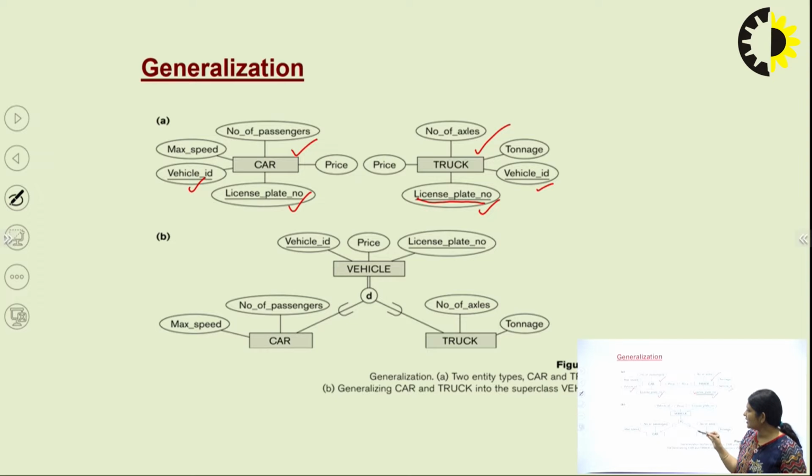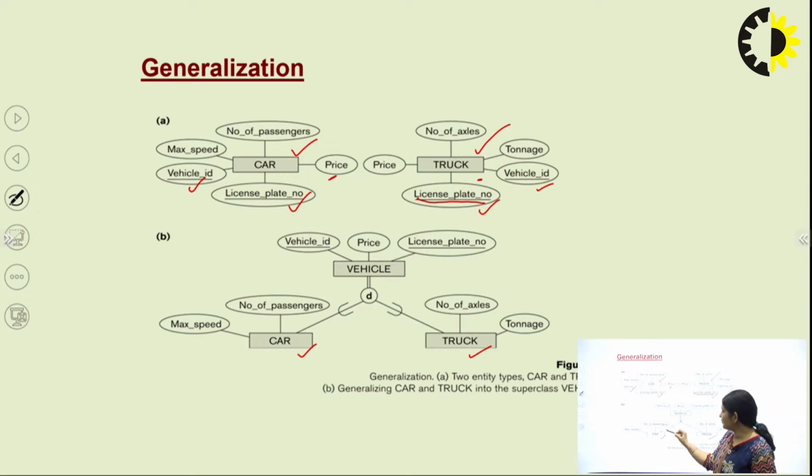We can see that there are certain attributes which belong to both car and truck, like vehicle ID, license plate and price. These three attributes are common. So we can take car as having the specialized attributes max speed and number of passengers, and truck having number of axles and tonnage as the specialized attributes.